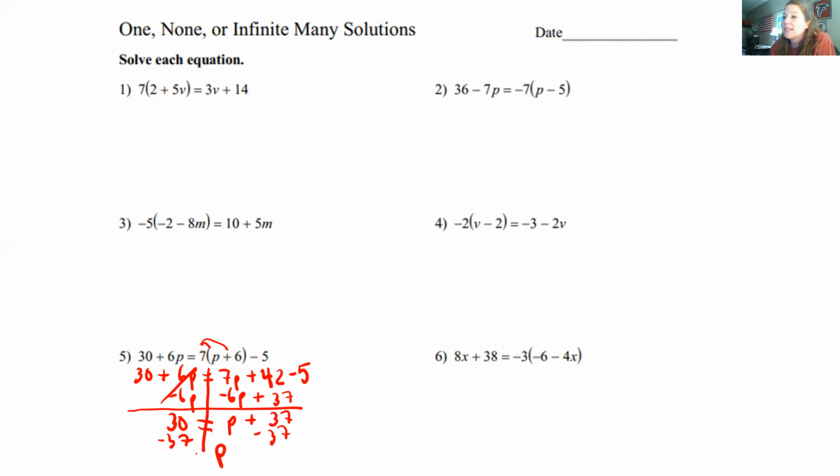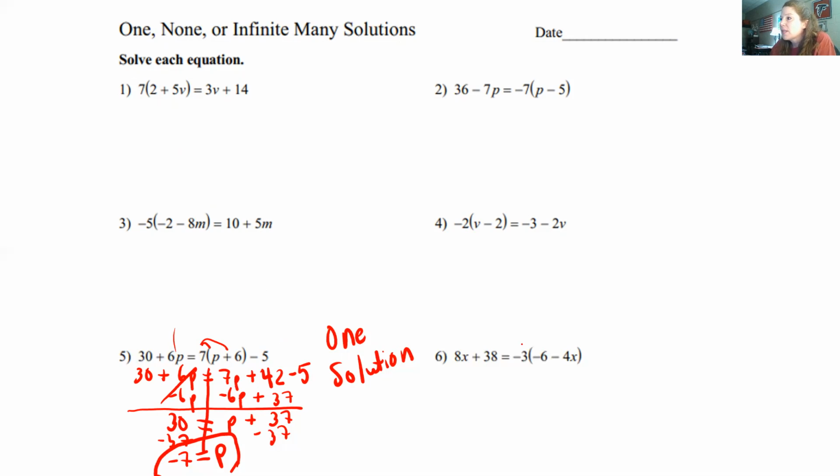So p is equal to 30 minus 37 is -7. Can I get that? Yes, I can. So I have one solution, and that solution is p equals -7, which means if I plug in a -7 into these spots for p, I would find that this side of the equal sign is the same as the right side of the equal sign.